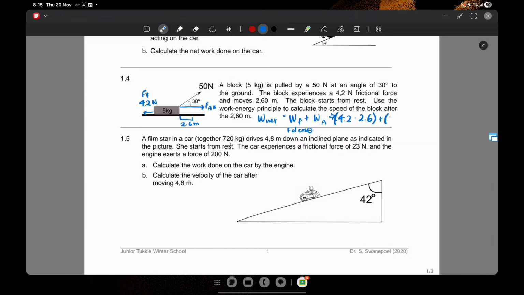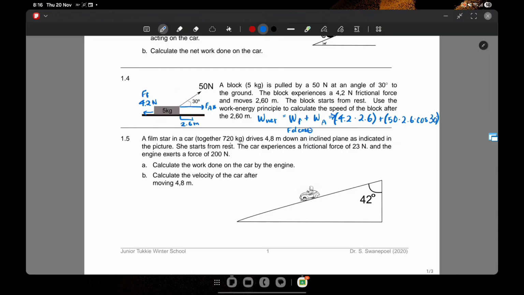So it's going to be, oh, not mass, what the hell, it's going to be 50 F d and then cos 30. The reason we're using cos for the applied force is because the force that we're given is at an angle of 30 degrees, but we don't really care about the vertical component right now.